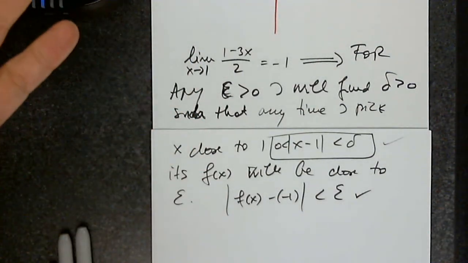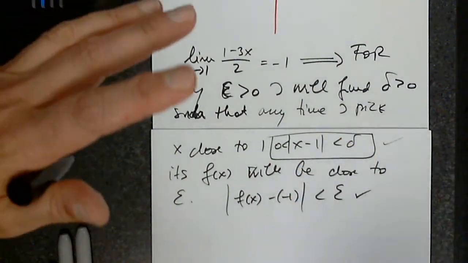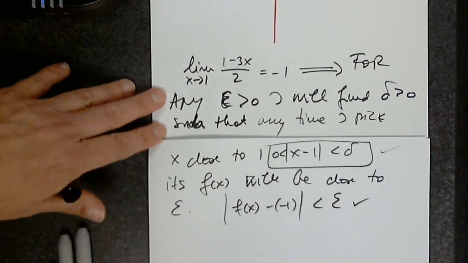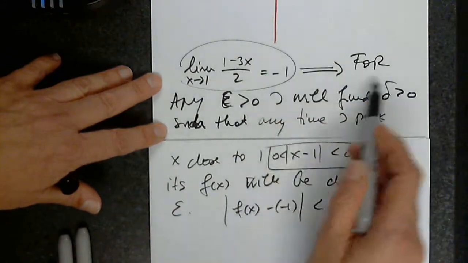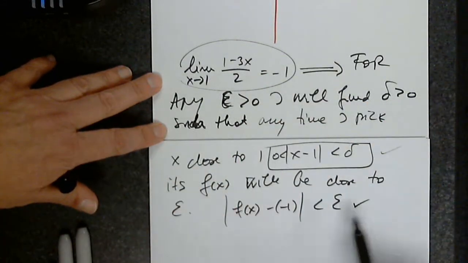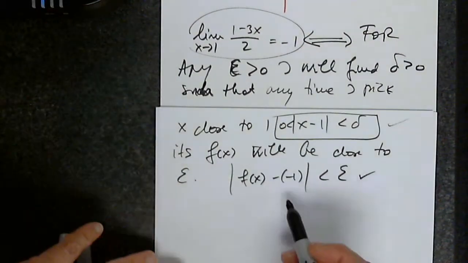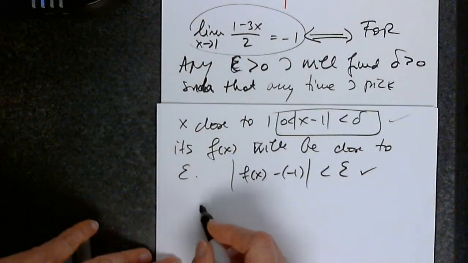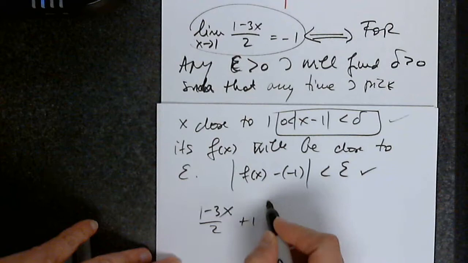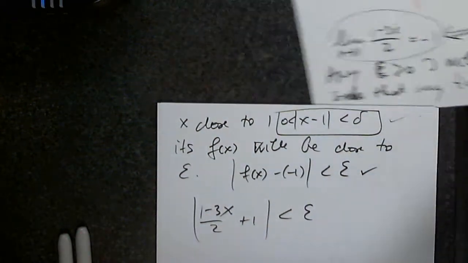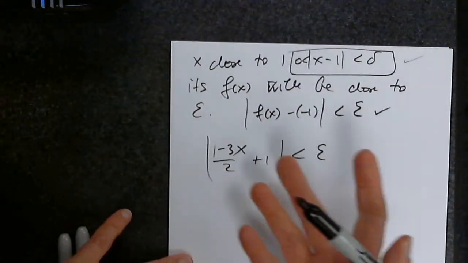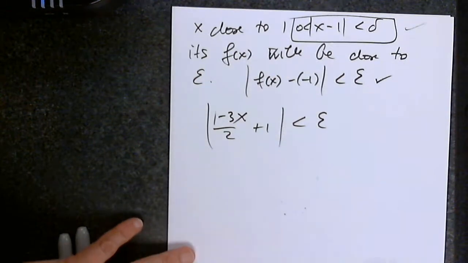If you don't write this, I have not even started. If this is true, this must be true. So now I have to start from here, where the absolute value of 1 minus 3x over 2 plus 1 is less than epsilon. I have to use these symbols.